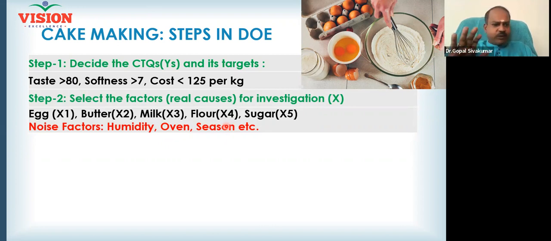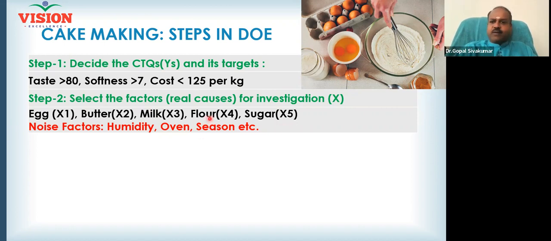In my scenario, in my company, I know the influence of adding egg is very crucial for the taste. Am I right? All of you agree? Butter, milk, the flour, the sugar. So these are critical factors. Why do I call them critical? Because they have the major influence.